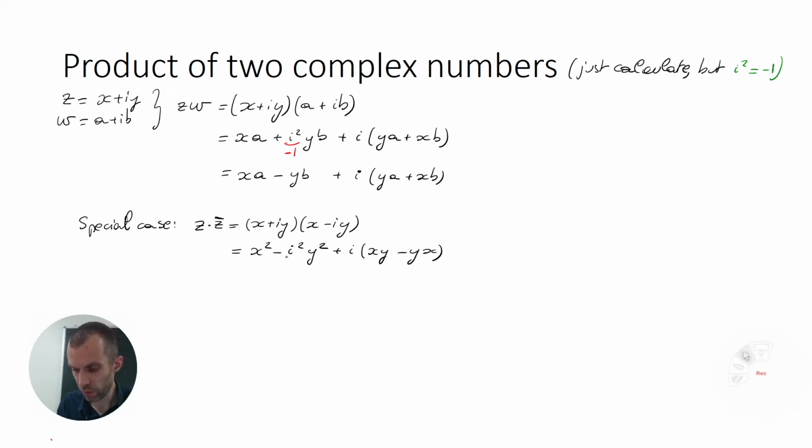And now you see, well, i squared is minus 1, xy minus yx is 0, and this simplifies to x squared plus y squared. So what we have here is the modulus of z squared. So the rule here says that z times z bar is equal to modulus of z squared.